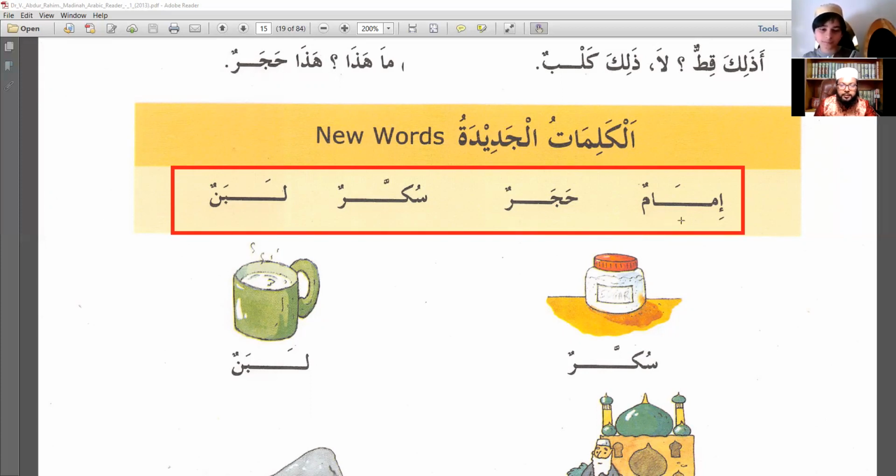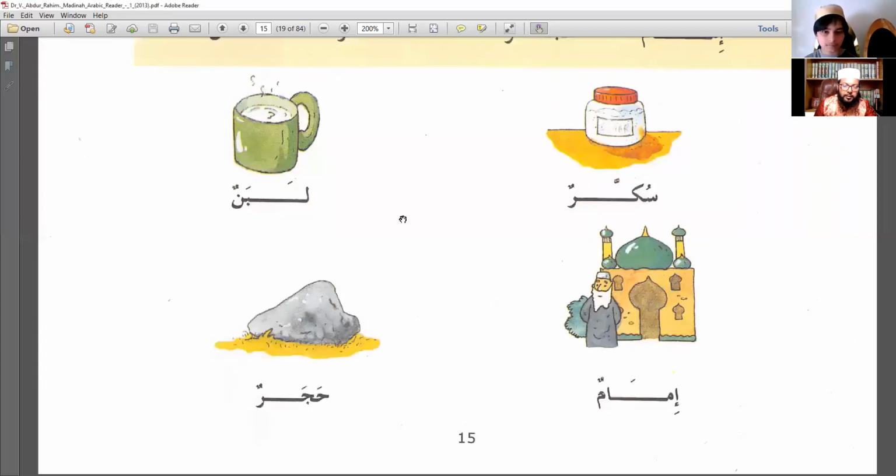Here you can see that Imamun, Hajarun, Sukkarun, Labanun are the new words, right? Sukkarun means sugar. Labanun, milk. Imamun, imam. Hajarun, stone.